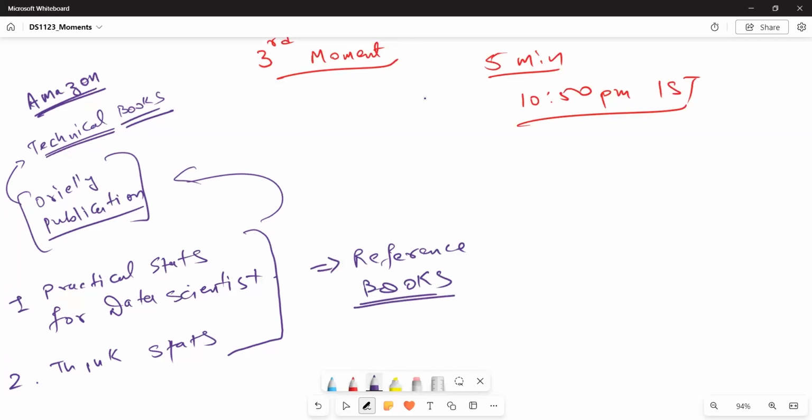The textual or literature form of knowledge is the best source of learning. So you'll be able to understand all these concepts and topics in a better way. These are the two reference books that you can follow.